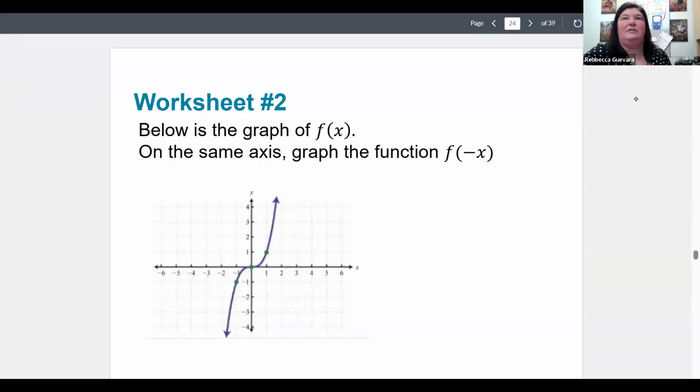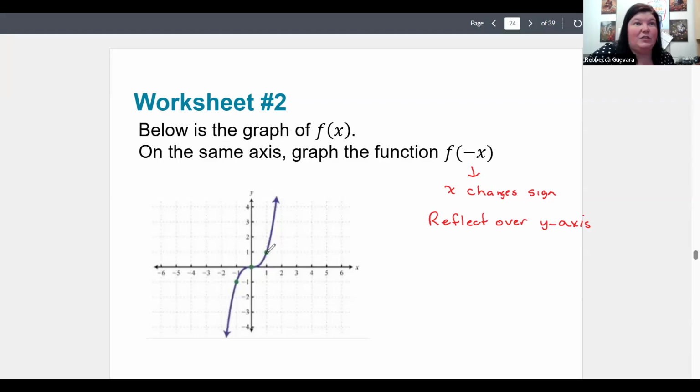All right. Hopefully you took a minute there. So we see that the negative is on the x, so x changes sign, which means an x that is over here would go over here. So we are going to reflect over the y-axis.